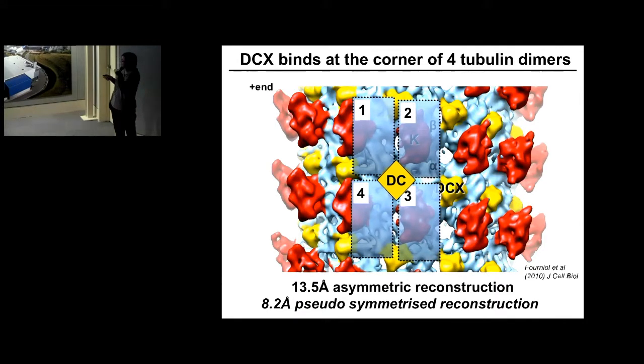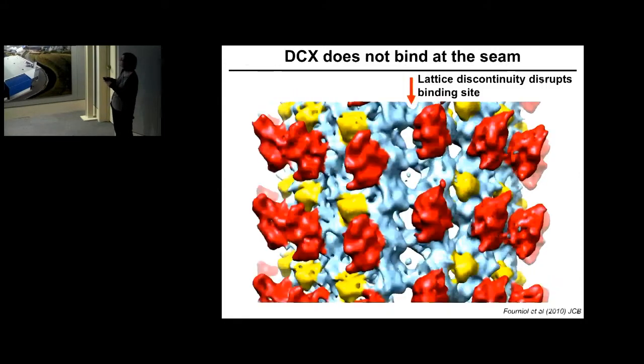This view is the original single particle reconstruction of that data, but by considering each of these protofilaments as essentially identical, we could then apply some additional averaging around the wall of the microtubule. What I should say before I go on to that point is that in 13-protofilament microtubules, there is a discontinuity where instead of having beta tubulin next to beta tubulin, you have alpha next door to beta.